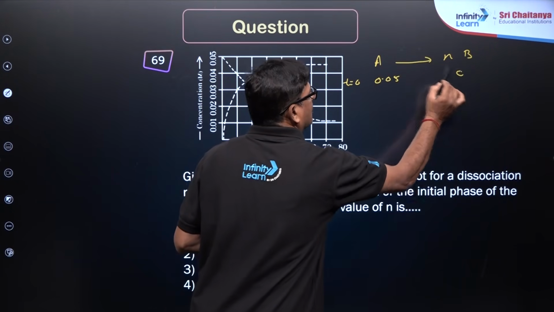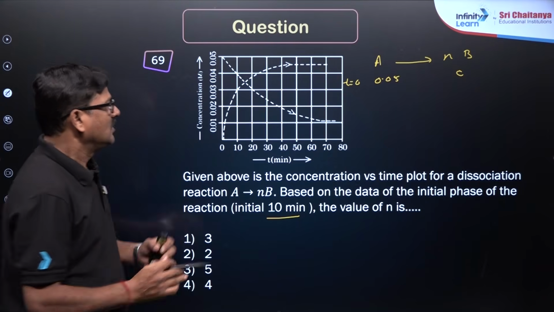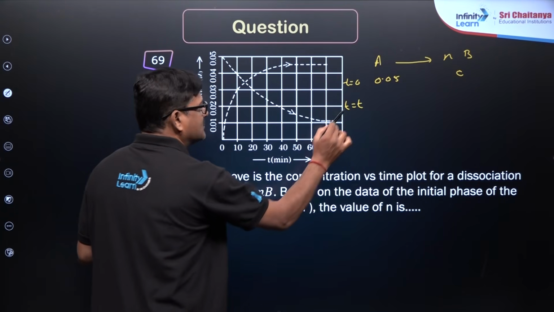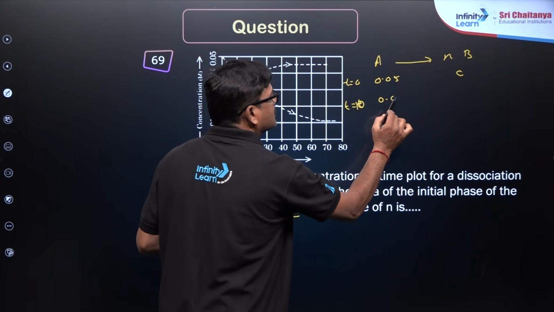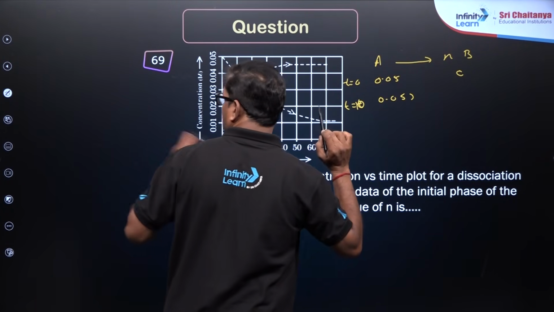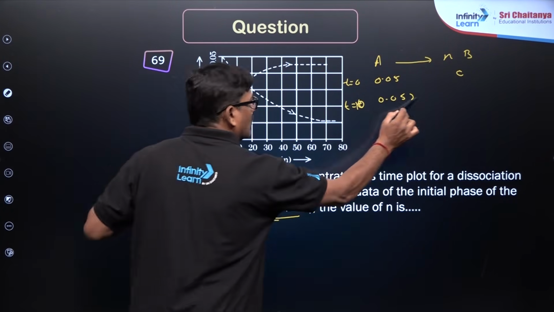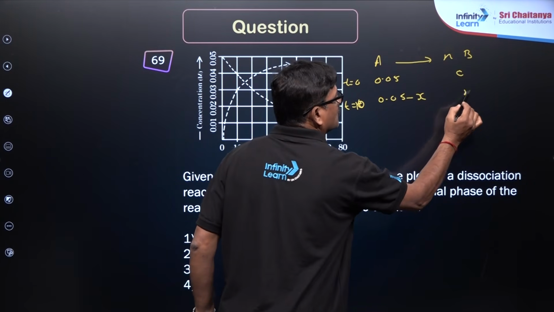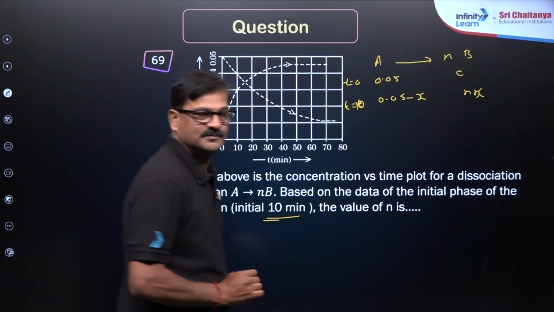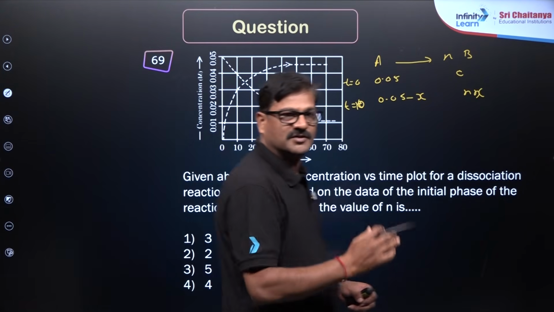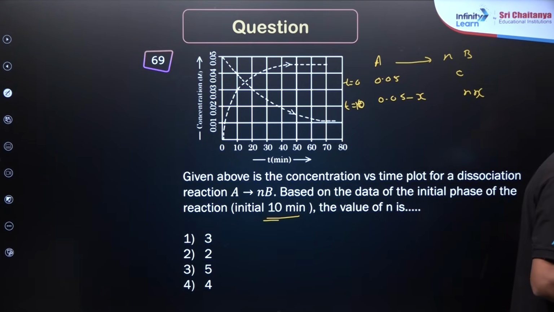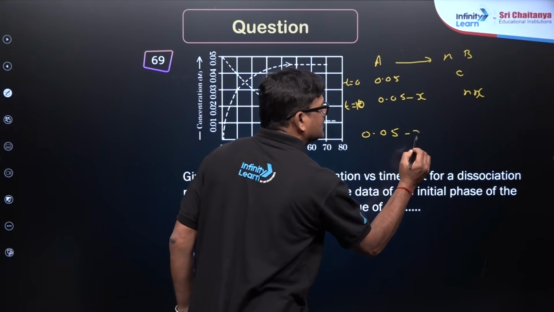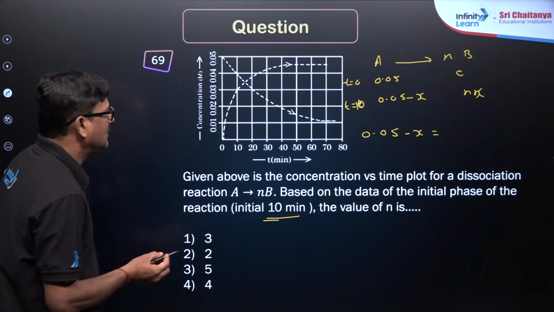A is given, it has not started. Now when time reaches 10 minutes, it is 0.05 minus x for A, and it is going to be nx for B. So the total number of moles that you are going to see, 0.05 minus x, how much am I getting at 10 minutes?